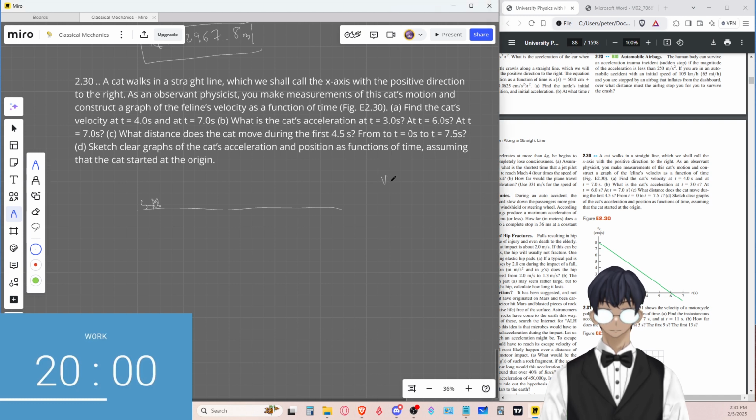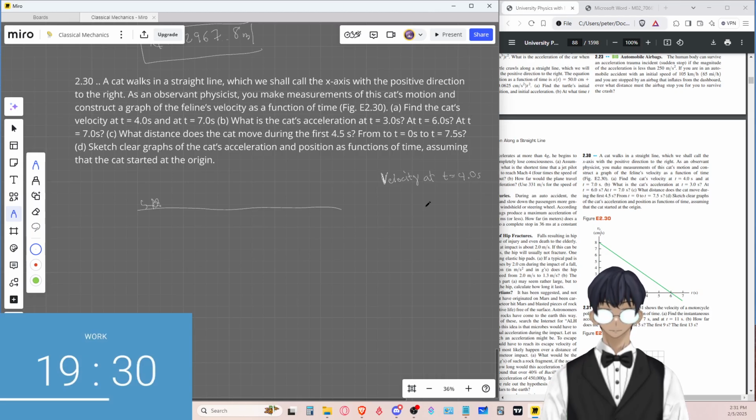Usually with graph questions like velocity at t equals 4 seconds and at 7 seconds, we're not given anything about its initial velocity or anything.